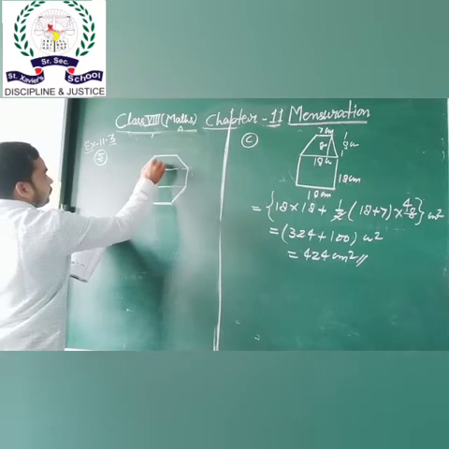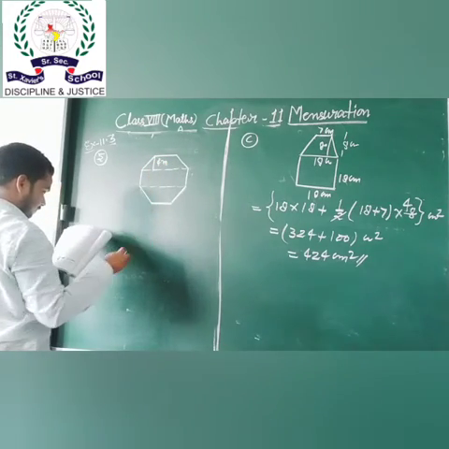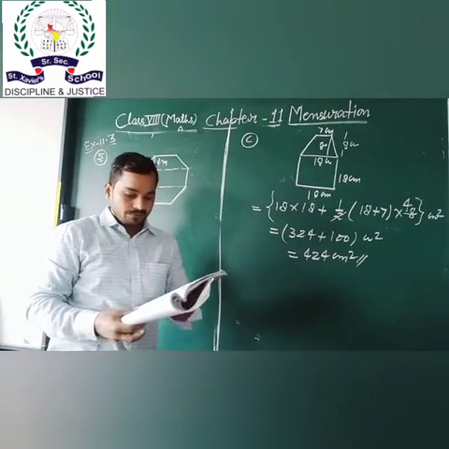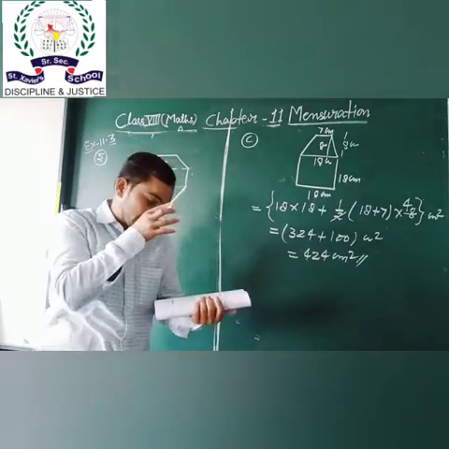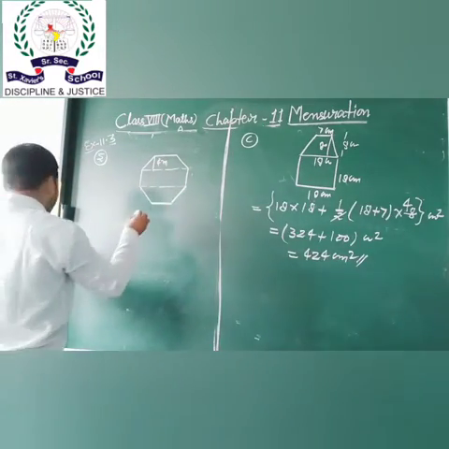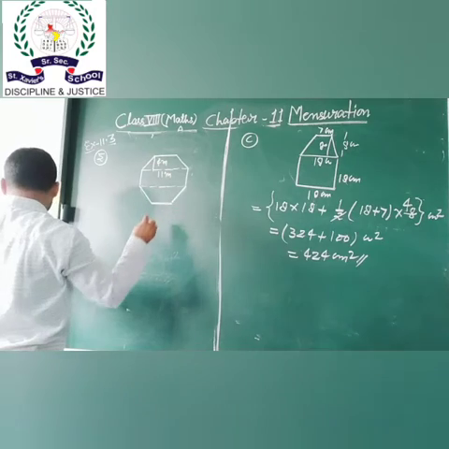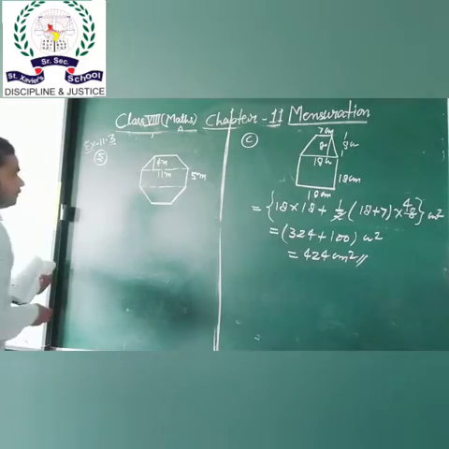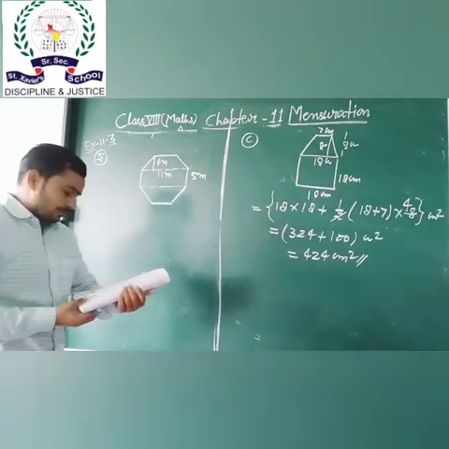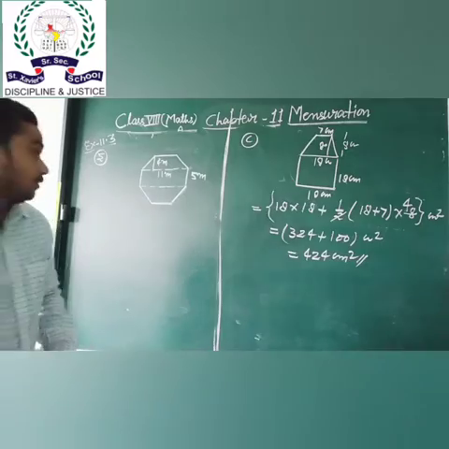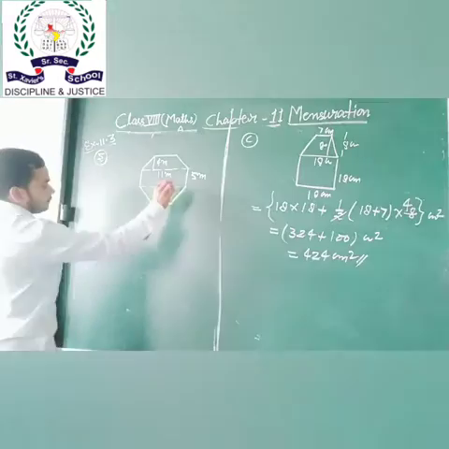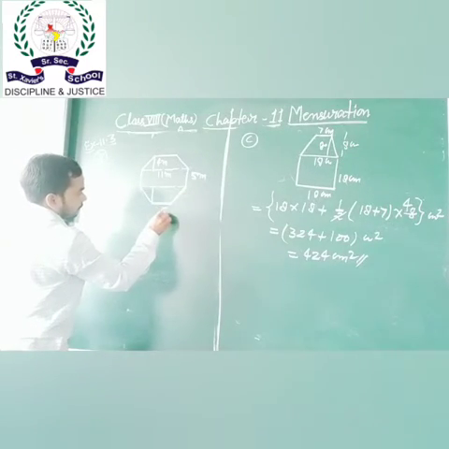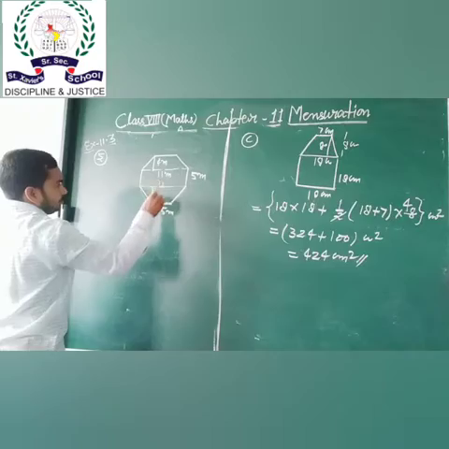Find the area of the octagonal surface. Also find the cost of filling the surface at the rate of 25 rupees per meter square. This parallel side is given as 11 meter and this side is given as 5 meter. So it is a regular octagon, that means all sides are equal to 5 meter. This side is also 5, this side is 11.